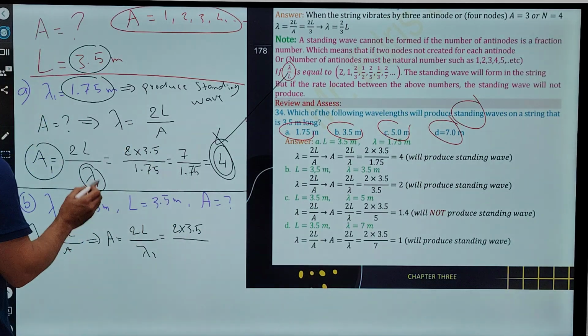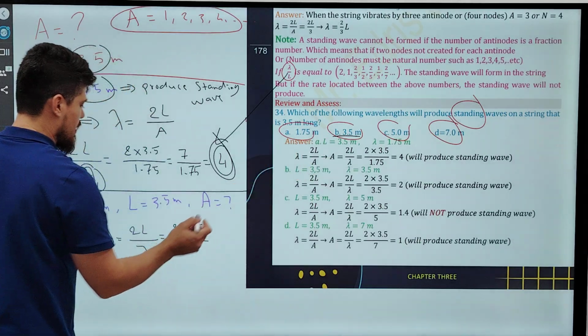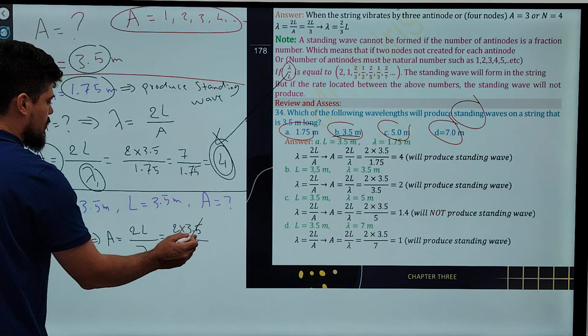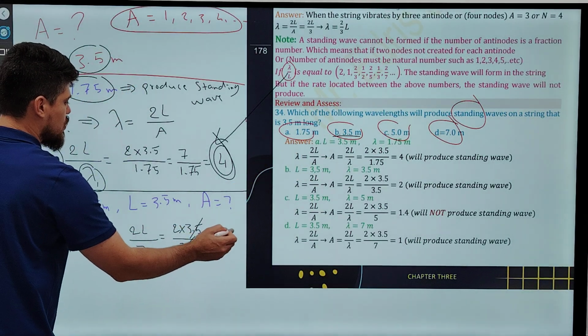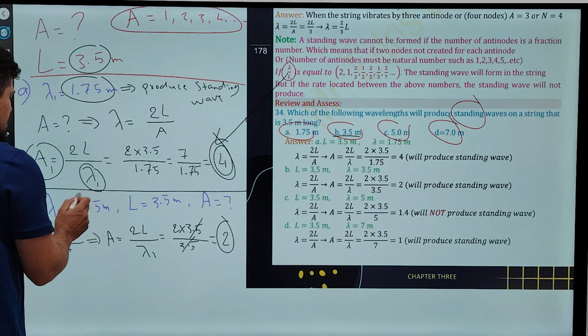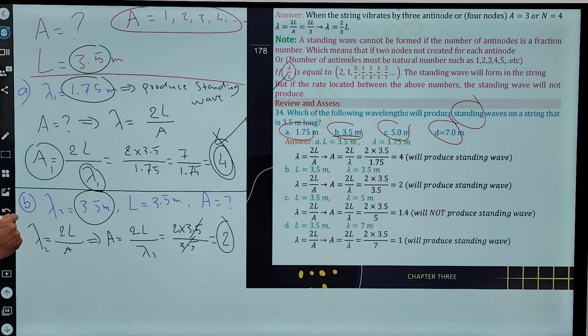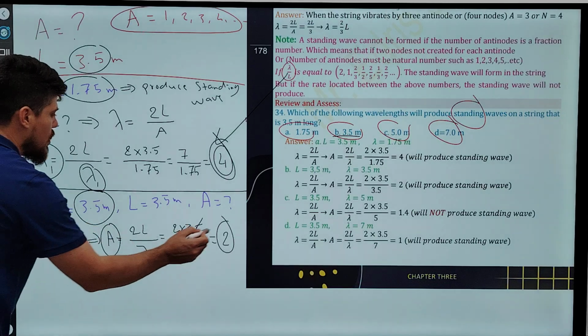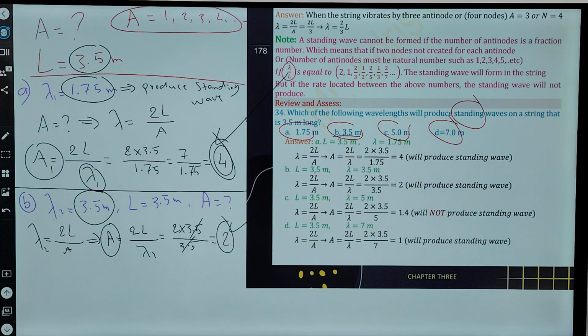Wavelength number 2 was given as 3.5. The 3.5 cancels. What remains? 2. The antinode is 2. Does this wavelength produce the standing wave? Yes, of course. Why? Because the antinode is an integer number.